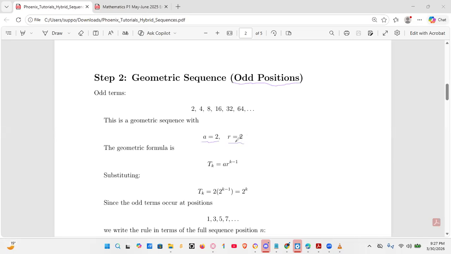So our ratio is 2. Then we can find the general term. So the general term is a r to the k minus 1. In this case, it's 2 times 2 to the k minus 1, which gives you 2 to the k using exponential laws. So we know that this occurs at all of the odd positions. So that will be a geometric sequence.